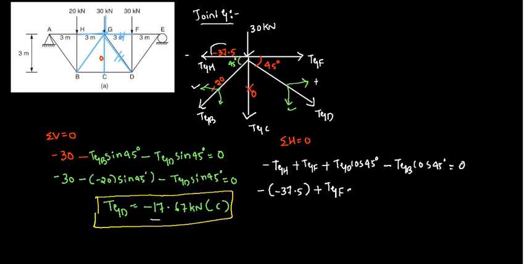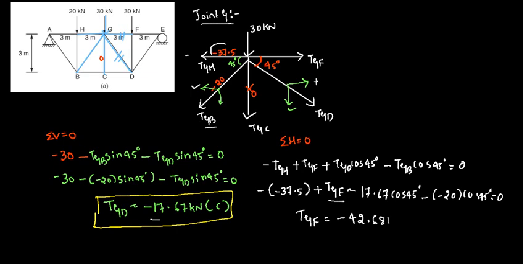TGD value we already have as minus 17.67, cos 45, and TGB is minus 20, so minus of minus 20 cos 45, is equal to 0. You just observe here, in the entire equation TGF is the only unknown. By simplifying this, you will get the value of TGF as 42.68 kilonewton. Since it is also negative, the member is in compression.